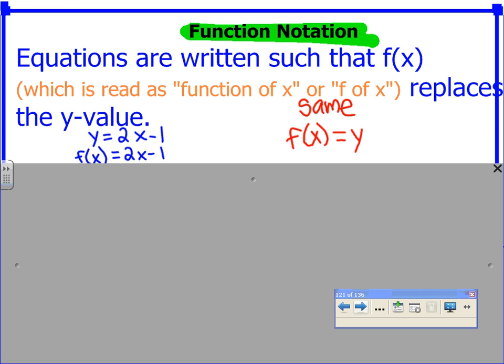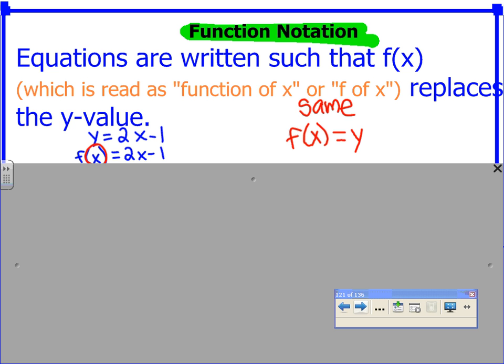Why do we need this? You're probably sitting there right now wondering, well, why do I need to know that if it's the same thing as y? The main reason in Algebra 1 that you use this is so that when you are plugging x values into a function, you use the f of x notation, and we're going to put the number in these parentheses here. So let's say we need to evaluate or solve this function when x is 2, which we're going to do today in a couple minutes.